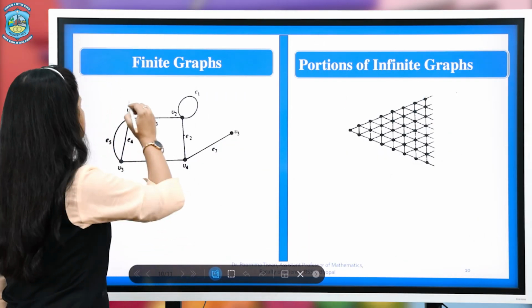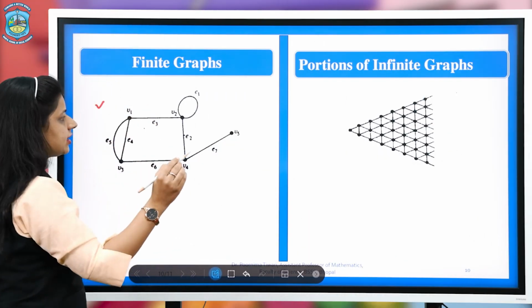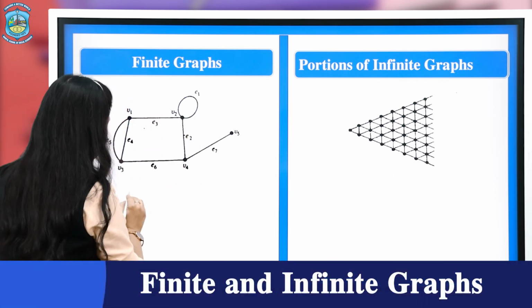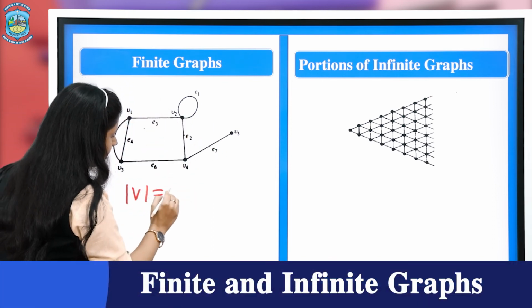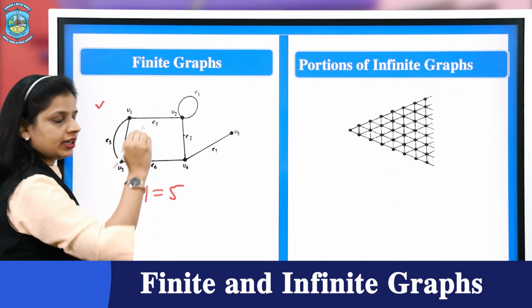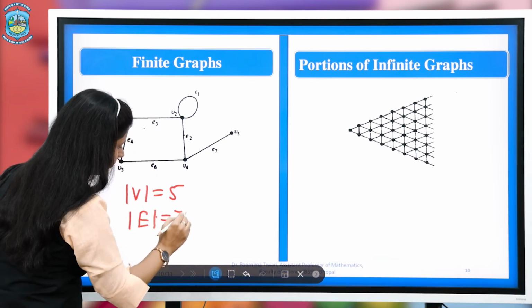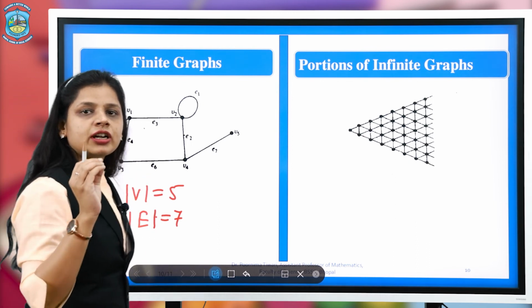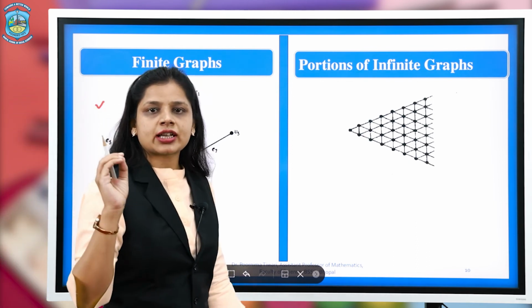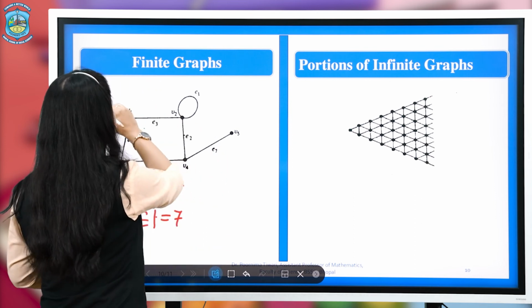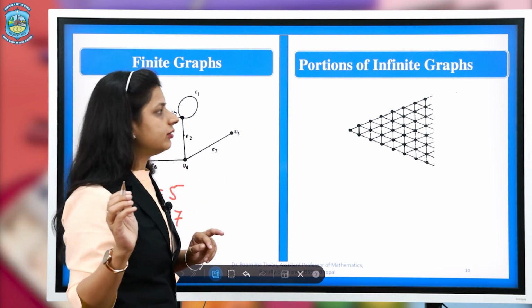When we observe this first graph, this graph has 5 vertices and 7 edges. Number of vertices and number of edges are finite. So this is an example of finite graph.